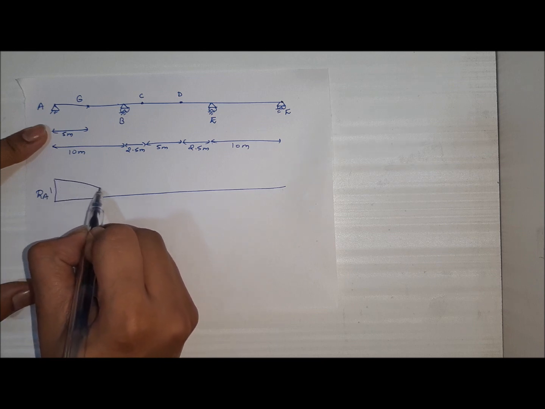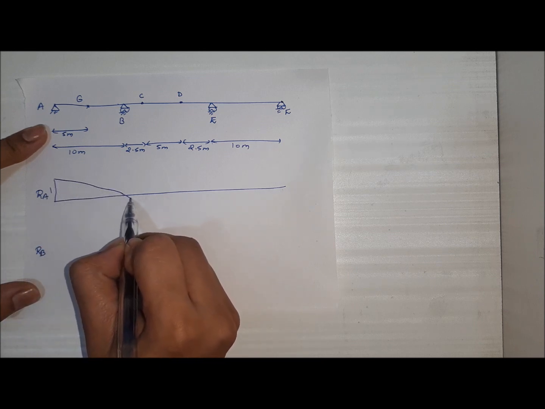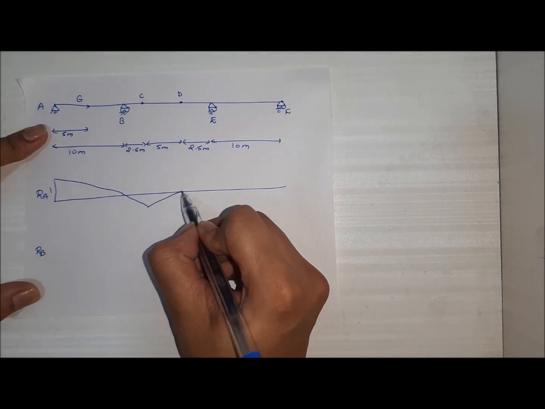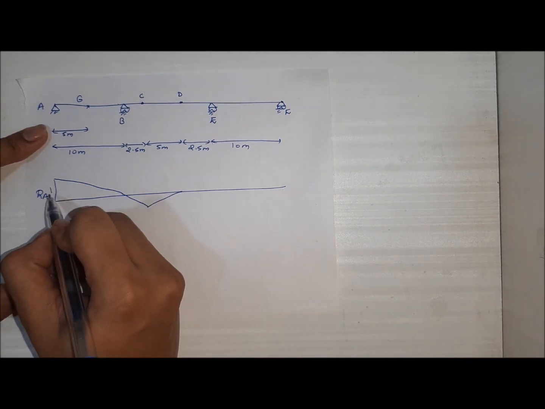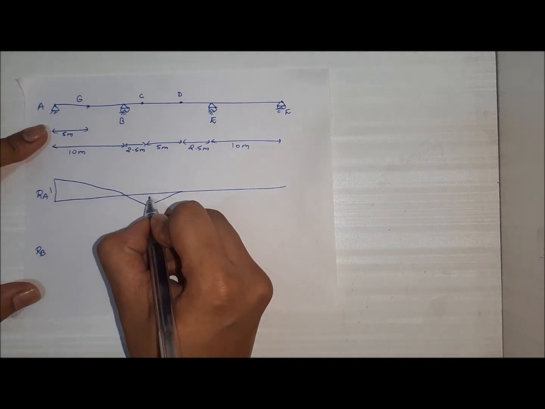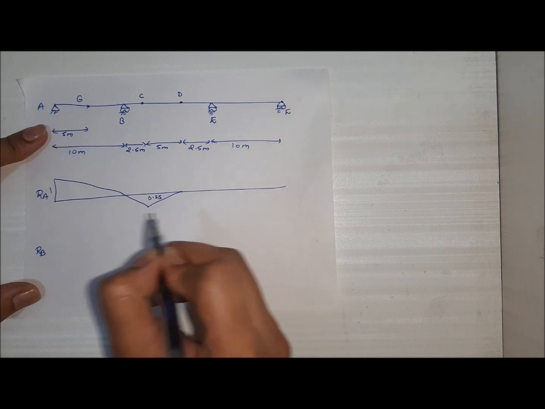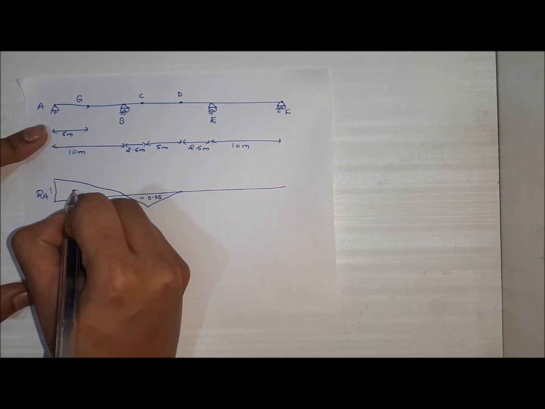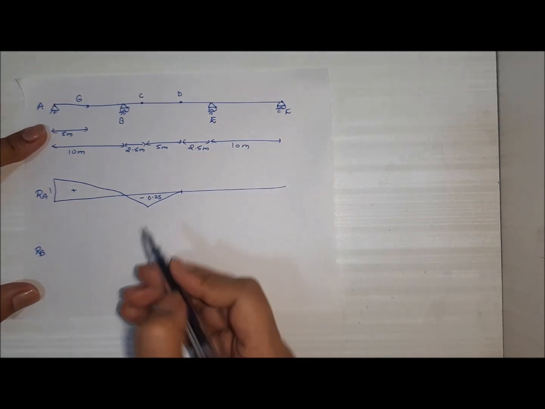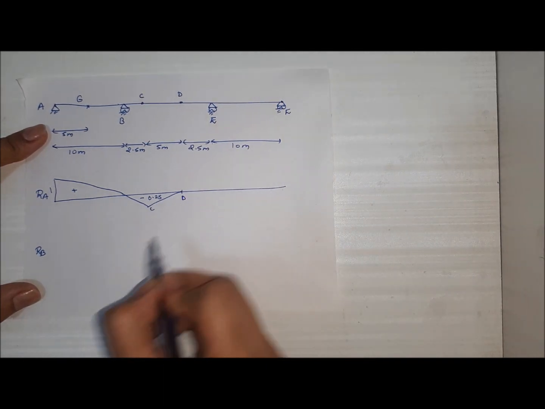It will go down to B. From B it will go down straight to C and it will get connected again to D. As this is unit dimension 1, right? So this will be 0.25. It will be negative, it will be positive. Movement won't be transferred further from point D. This is point C, this is point D.